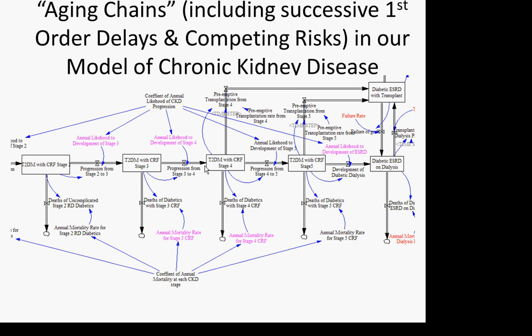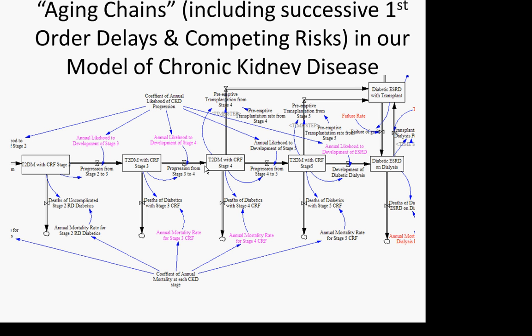So you often will characterize a system as divided into these compartments, and you'll have what are called aging chains. Not because it always represents chronologic aging, but because it represents staging, it represents phases of a successive system. And we represent these with these delays.